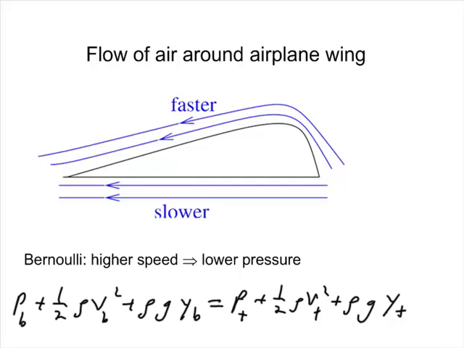Okay, now let's try and understand this. Y bottom and y top are slightly different, and as a result of the fact that y top is a little bit higher, the pressure is going to be a little lower on the top.